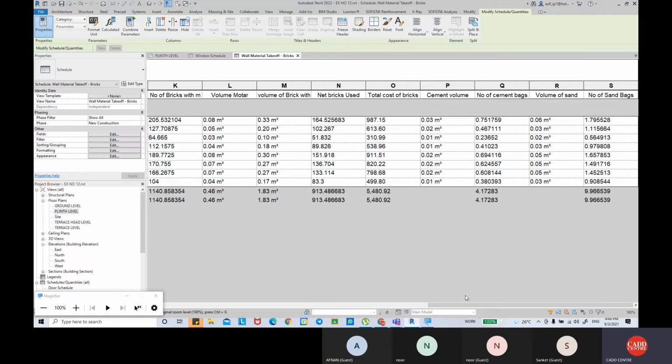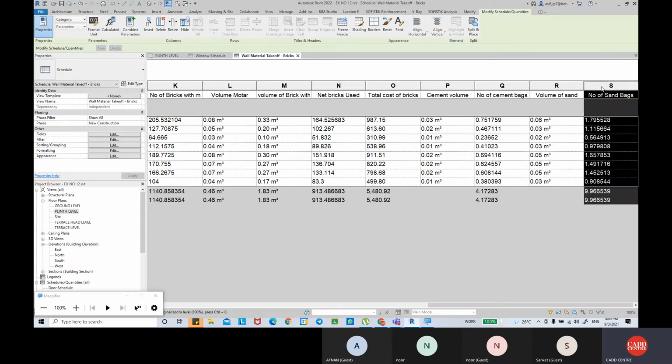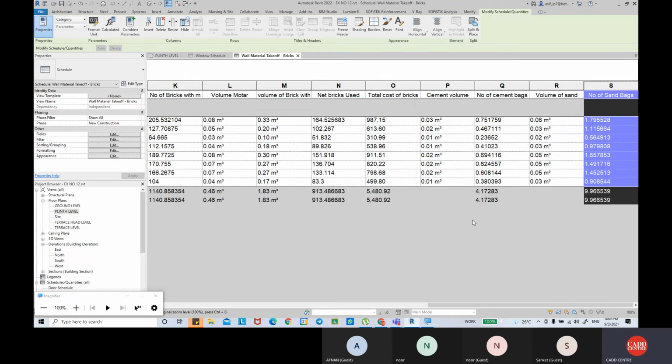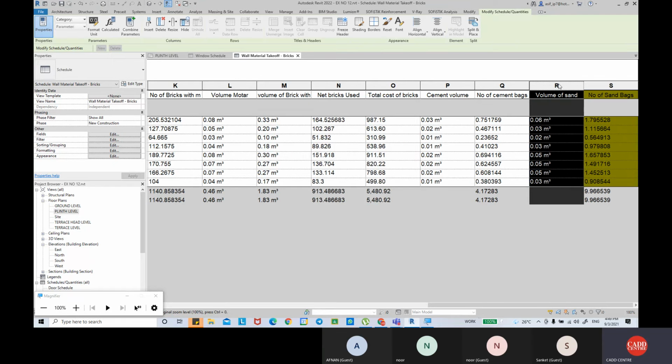Now this was simple. Similarly, you can do it for your block walls, and the same thing will come in. Now we can also edit these cells. This is my number of sandbags, so I can give a different shading to this. Maybe I'll give a brown shade to sandbags.